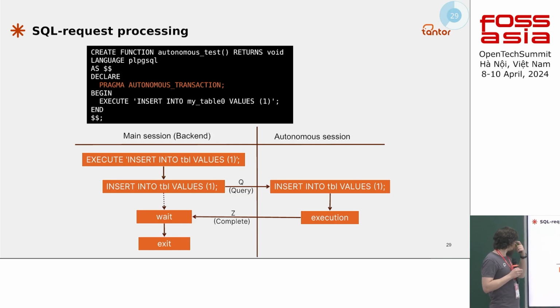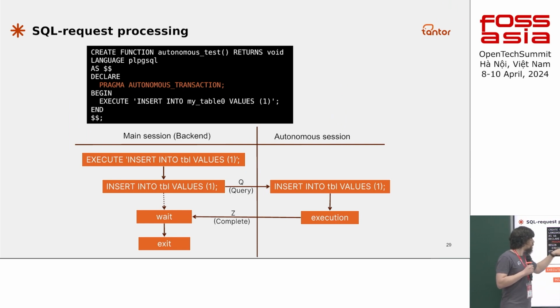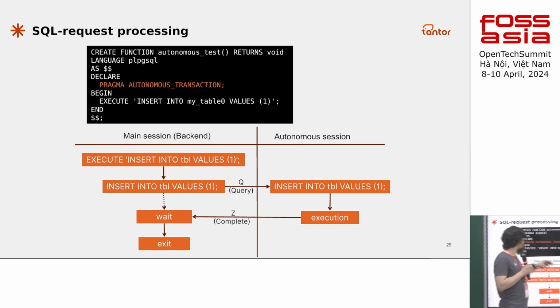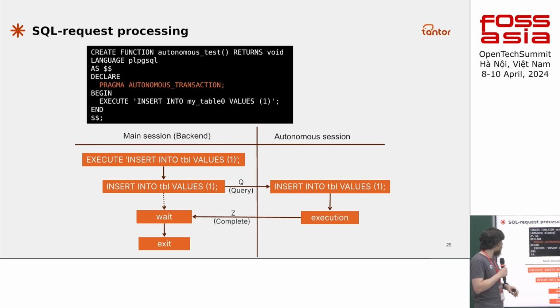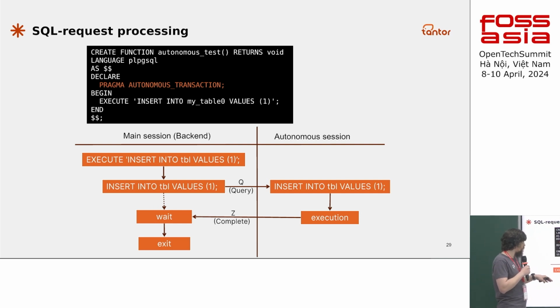So let's see an example. We have a function with pragma autonomous. It will be executed in an autonomous session. So the autonomous session was created, and we have the main session. We have a command execute insert into table values. It's parsed by the main session.